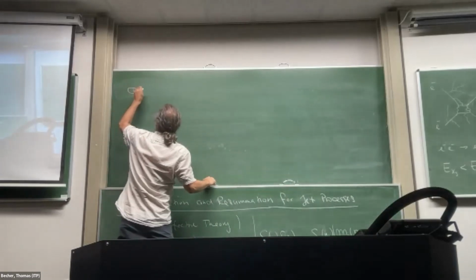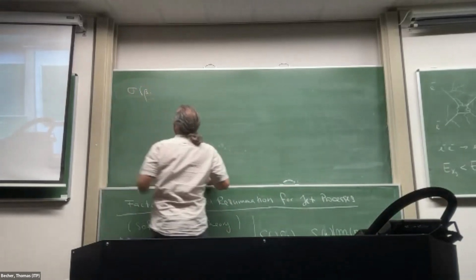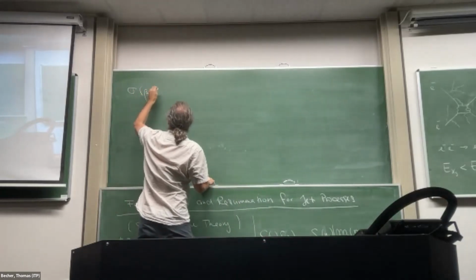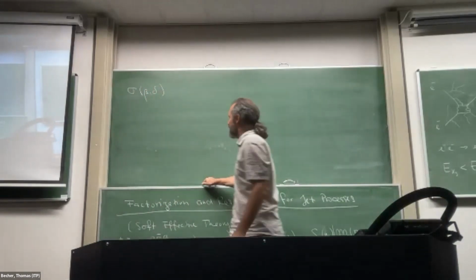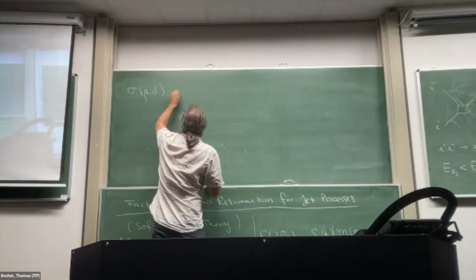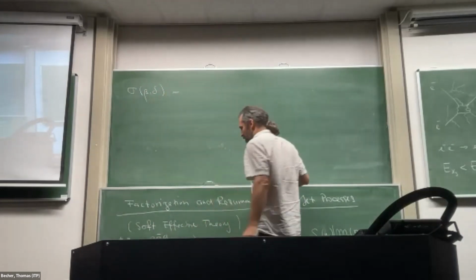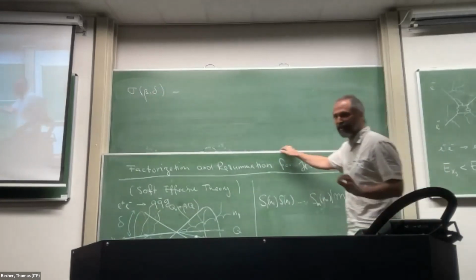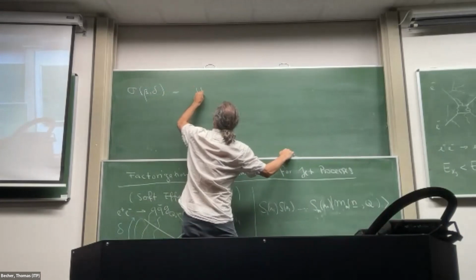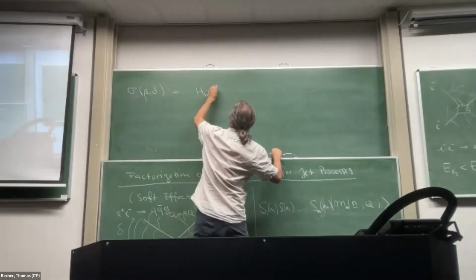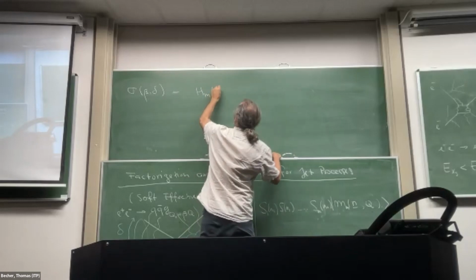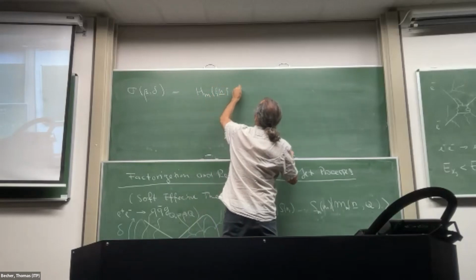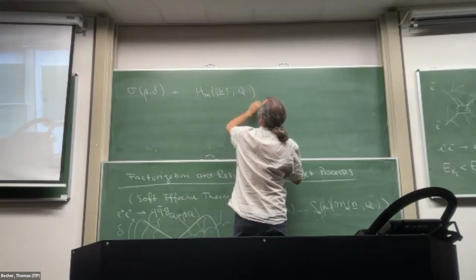If I take the cross section, it will depend on the energy, small energy beta times Q, it depends on the angle, and of course it depends on the center of mass energy. It involves these hard amplitudes here, squared, and I'll write them in a second, but if I square them, I get some hard function. This depends on the directions here for the particles, and it depends on the center of mass energy.